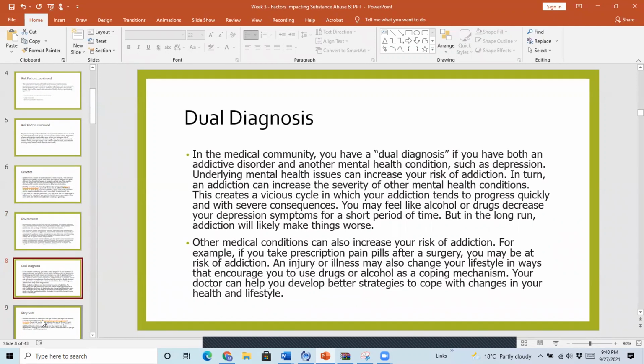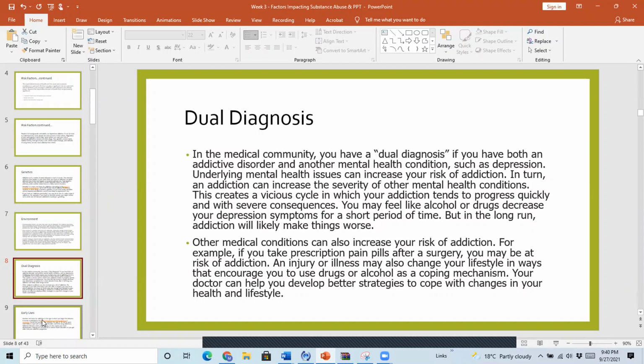Now, when we talk about a dual diagnosis, this means that you have an addictive disorder. You have something that you're addicted to, something that you need to take, otherwise you just need to take it. Whatever that drug is, whatever that substance is, whatever that behavior is. But in addition to that addictive disorder, if you've been diagnosed with a mental health condition, like, for example, depression, this is now where you have two diagnoses.